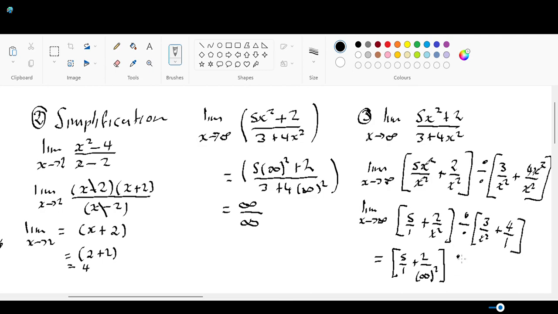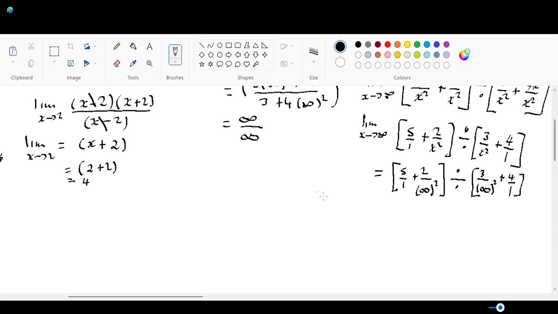Then you divide, and then you continue: this is going to be 3 divided by infinity squared, plus 4 divided by 1. This is a bit longer than I anticipated. So when you continue, remember, when you divide by infinity, your answer is going to be 0.